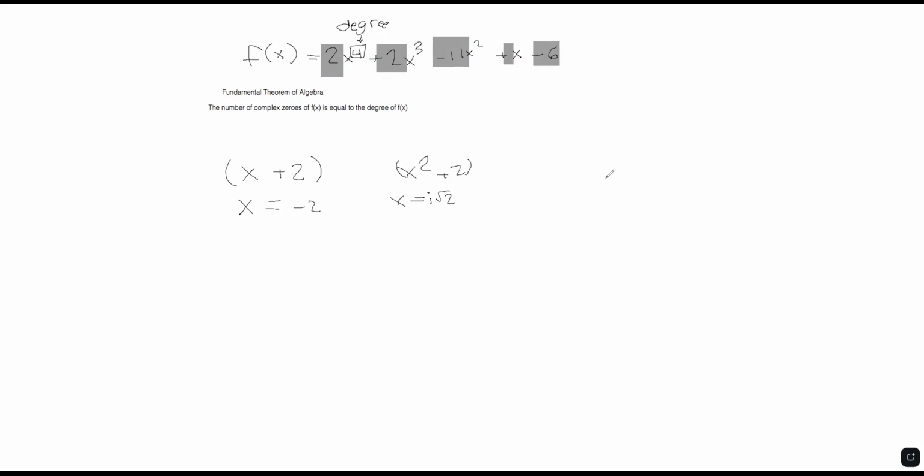So we want to examine the places where we change signs. So we go positive to positive. That's not a change in signs. And then we go positive to negative. So that is a change. Negative to positive is also a change in sign, and then positive to negative. So we have 3 locations where this changes signs.